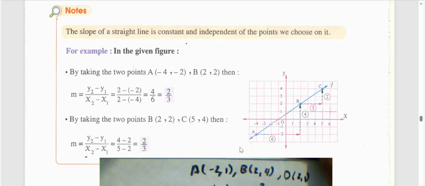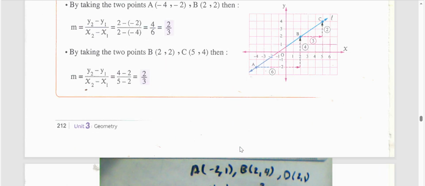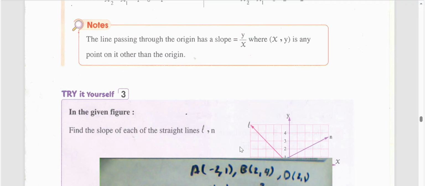Now we will solve the equation to find the unknown. Look at this question, try to solve it.